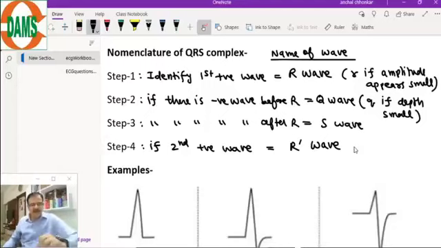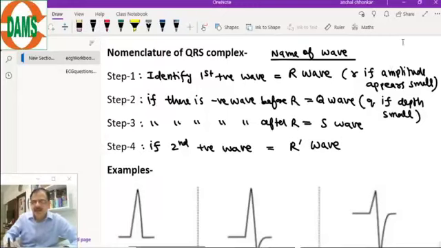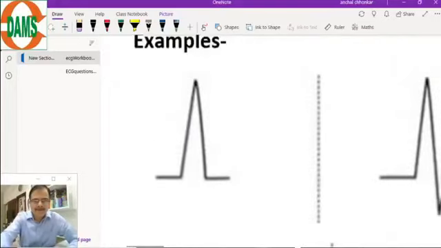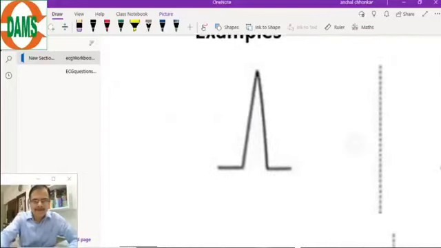So let's come to the examples of nomenclature. There are, I think, 9 diagrams in these examples. So first one, this is the first one.